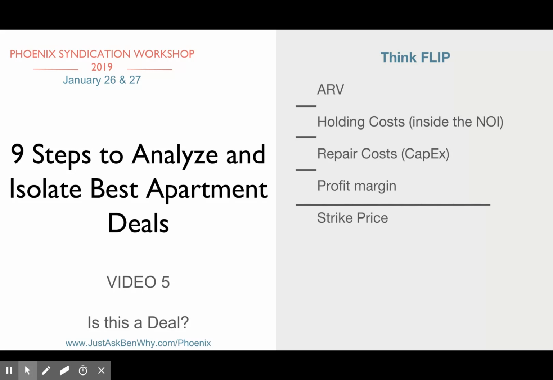Now, where a lot of newbies make mistakes is by starting at that bottom, saying, okay, here's how much I have to pay for this building. Here's how much I have to spend on this building. So what I pay plus my repair costs plus my holding costs plus I think I'd like to make XYZ amount of profit. This is what I have to sell the building for.